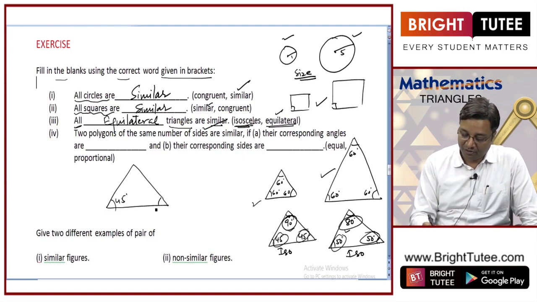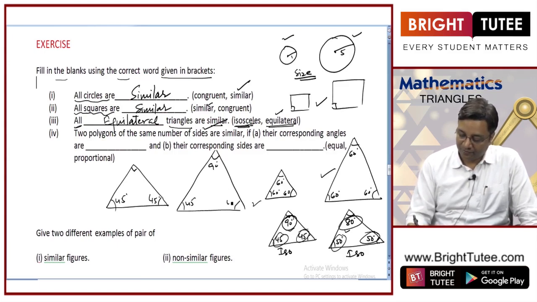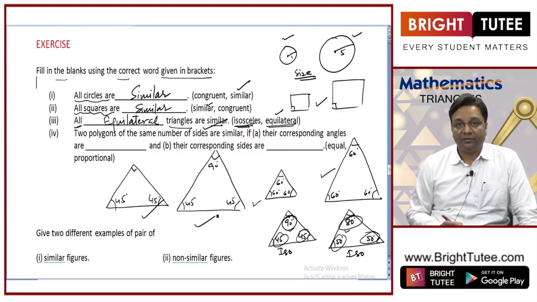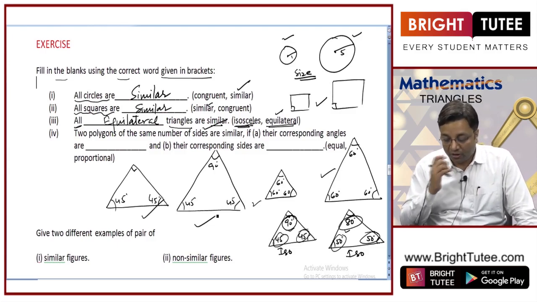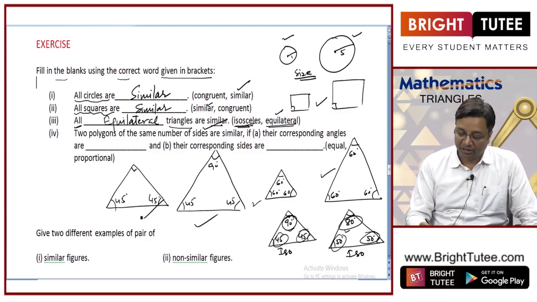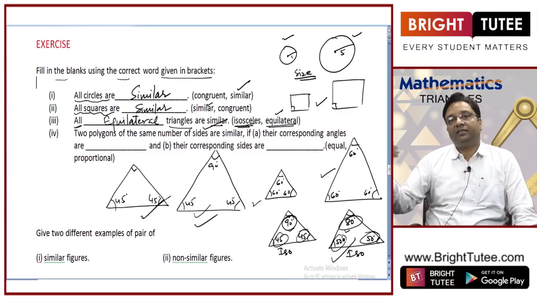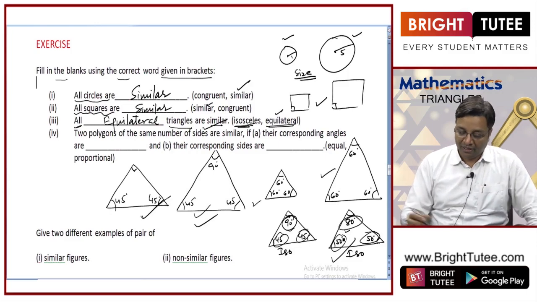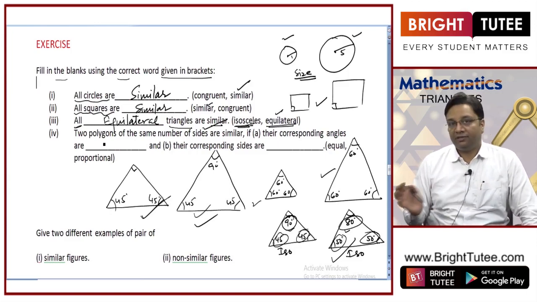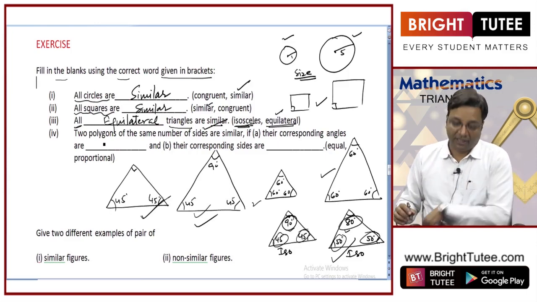If let us say we have got two isosceles triangles having same angles, then these two are similar, right? But not all the isosceles triangles, because an isosceles triangle may have these angles, or it may have these angles, or any other combination of angles. But in equilateral, all the angles will be 60 degrees. I hope this concept is clear.